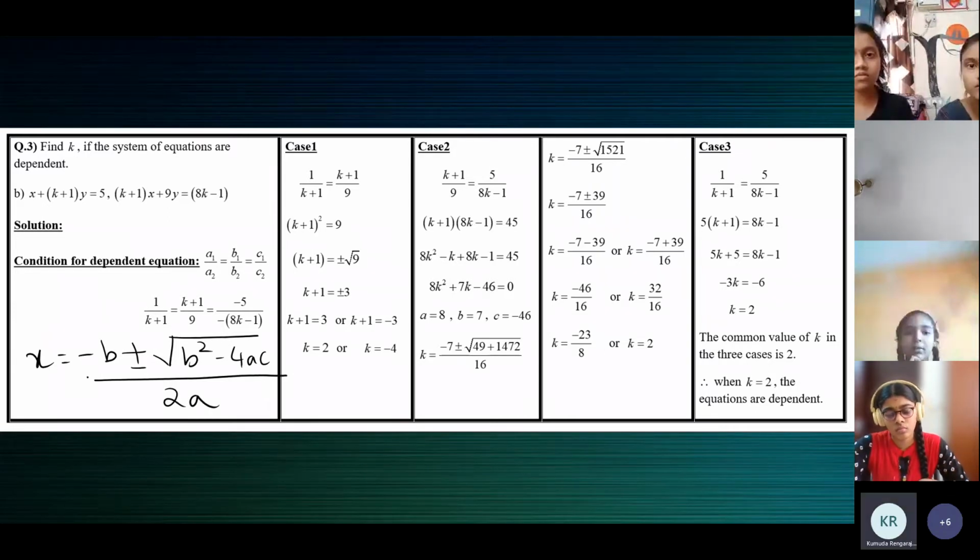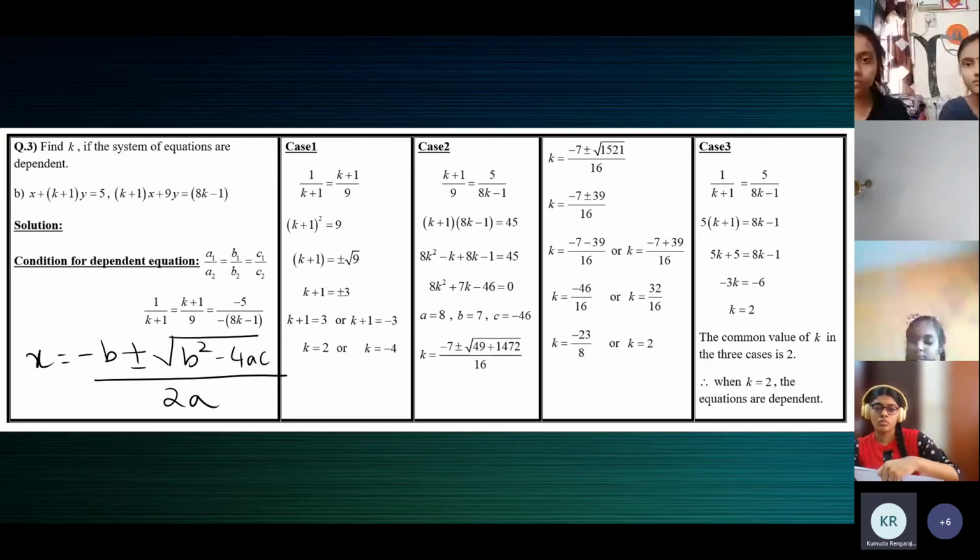You will learn how to derive this formula in the chapter on quadratic equations this year. So for now, just take it as a formula.